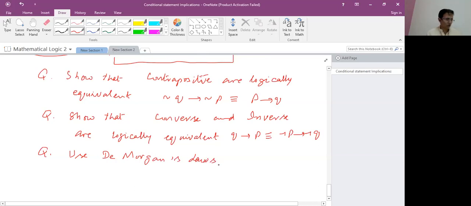There are two De Morgan's laws to express the negation.